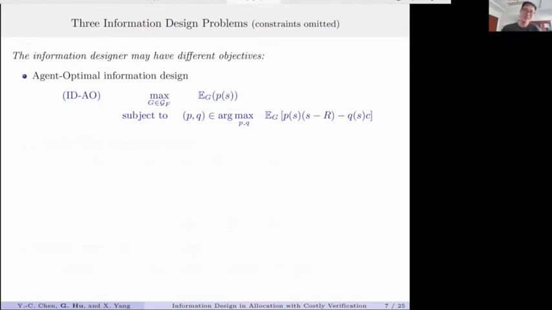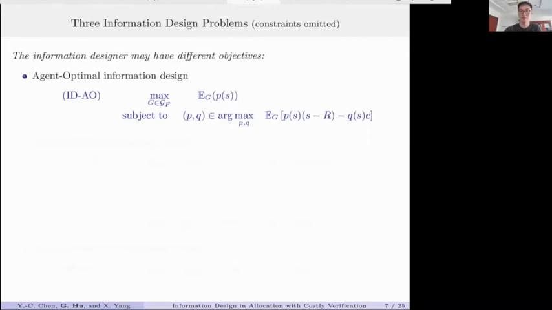The information designer favors the agent and maximizes the probability of the agent getting the good by choosing the signal distribution G. And this problem has a constraint: the probability of getting the good has to be derived from an optimal mechanism in the mechanism design problem. It's like a sequential problem. We have a backward induction, and we get the optimal mechanism in the later stage, and then in the first stage, the information designer takes that optimal mechanism into consideration and maximizes the probability of the agent getting the good.